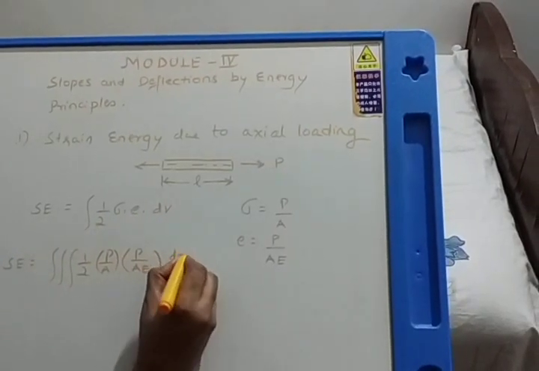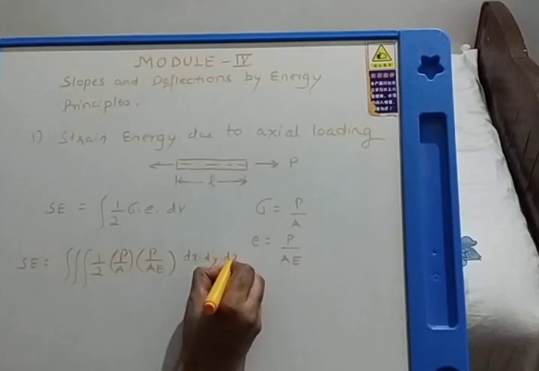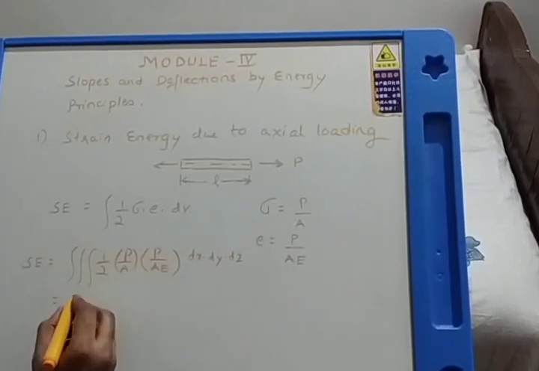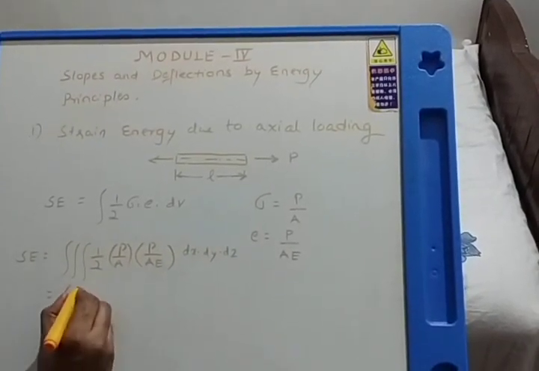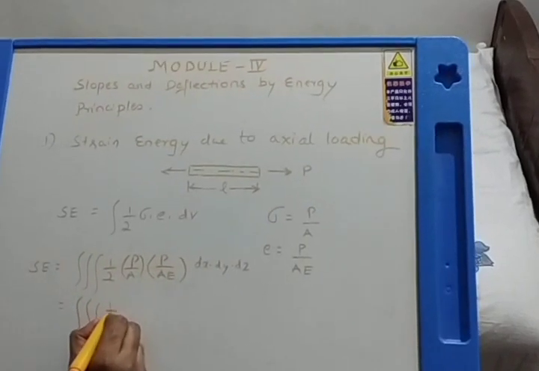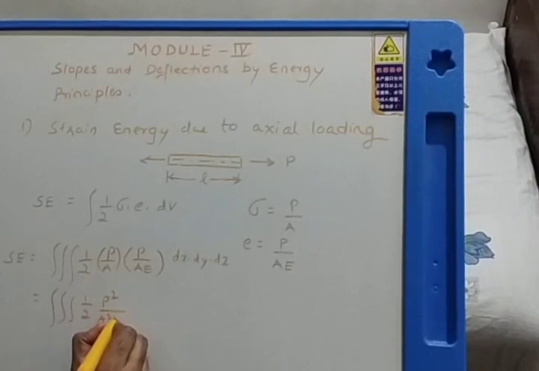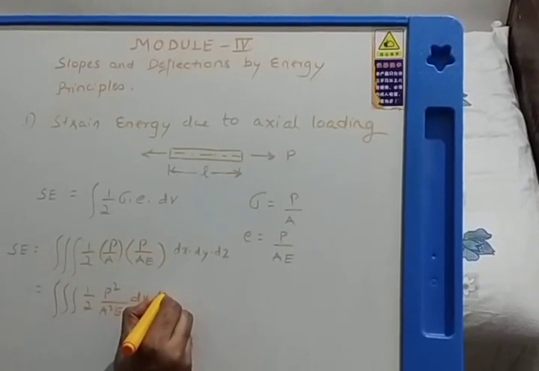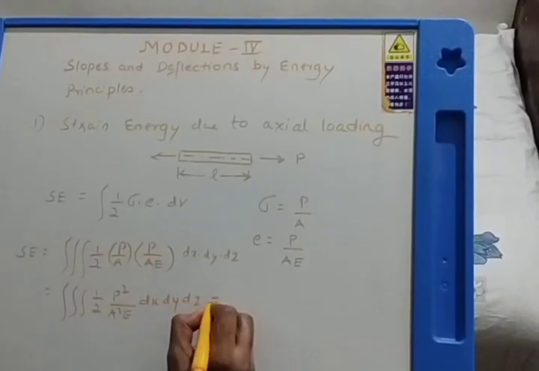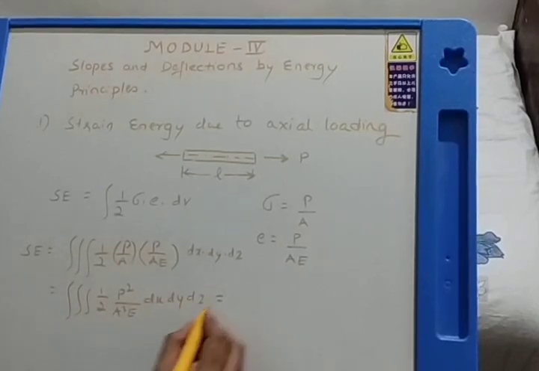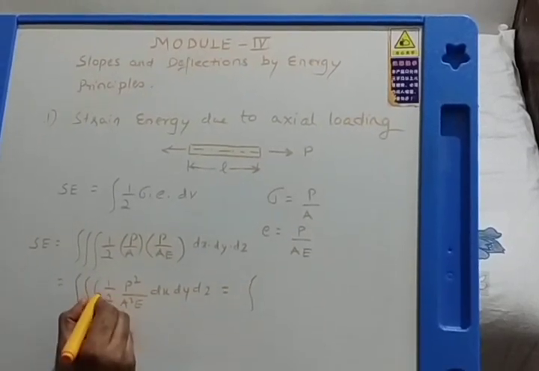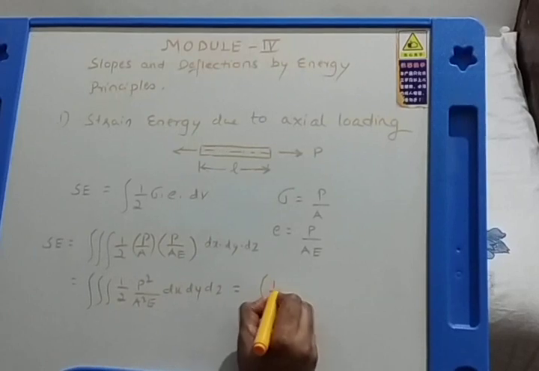And dx, dy, dz. Now let us substitute. So now you can see triple integration half p square upon a square e dx dy dz, which is equal to, I can write like this, two integrations I can take out and write only one integration, because I will tell you the reason.